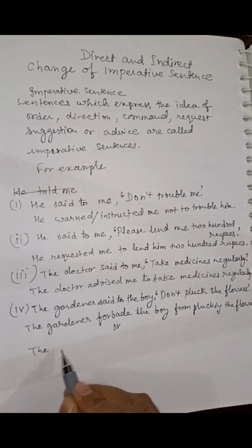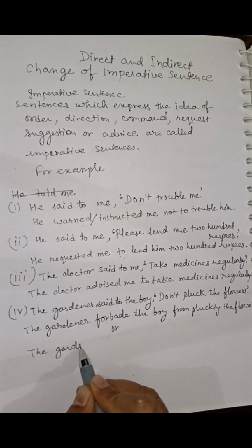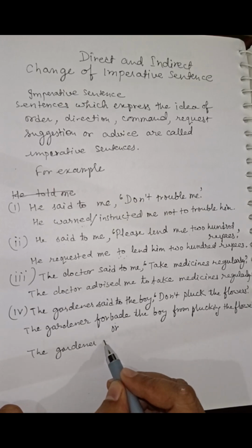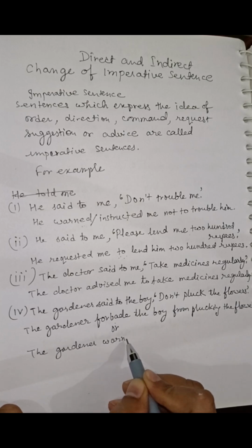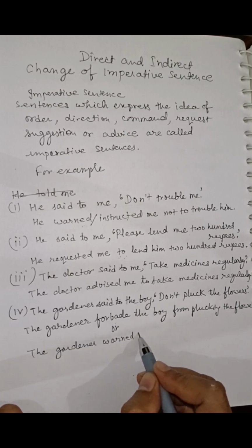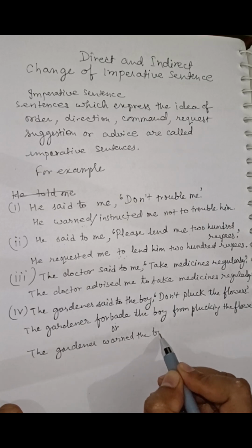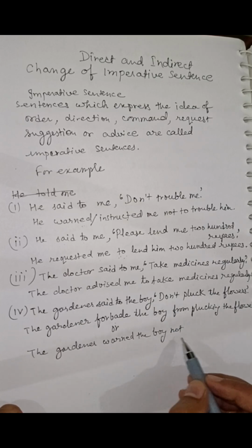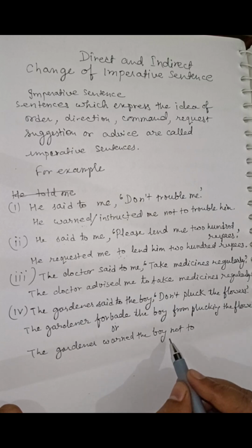Or we can write it like this also. The gardener asked, or warned also we can say, the boy not to. So we can change don't into not to if we are using an infinitive.